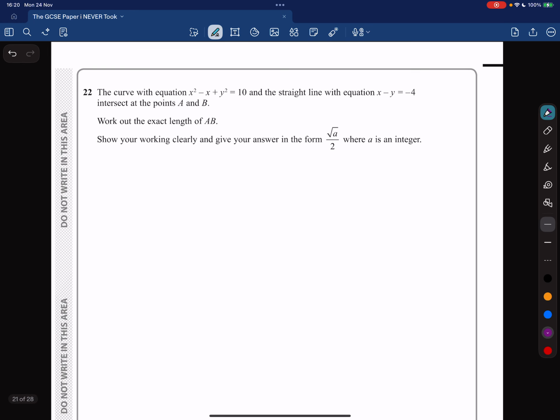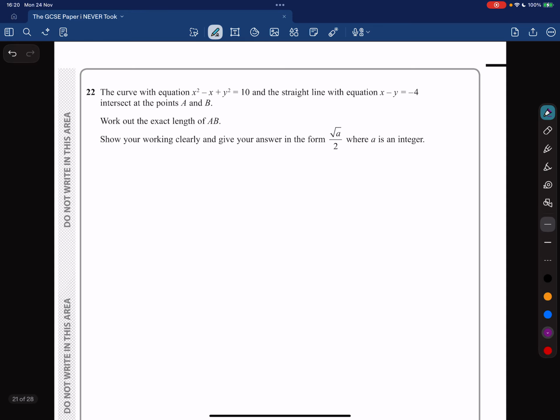The curve with equation x squared minus x plus y squared is equal to 10, and the straight line with equation x minus y equals 4 intersect at the points A and B. Work out the exact length of AB. Show your working clearly and give your answer in the form root A over 2 where A is an integer.